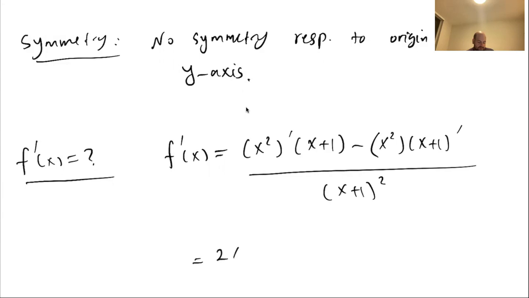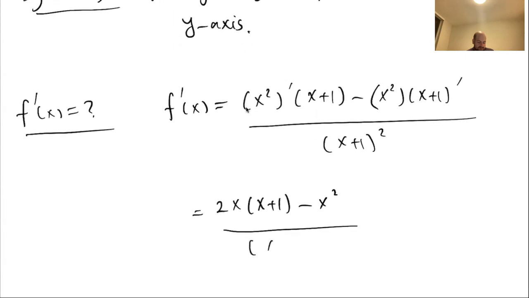So this is 2x times x plus 1 minus x squared, divided by x plus 1 the whole squared. So 2x squared minus x squared is x squared plus 2x, divided by x plus 1 the whole squared.